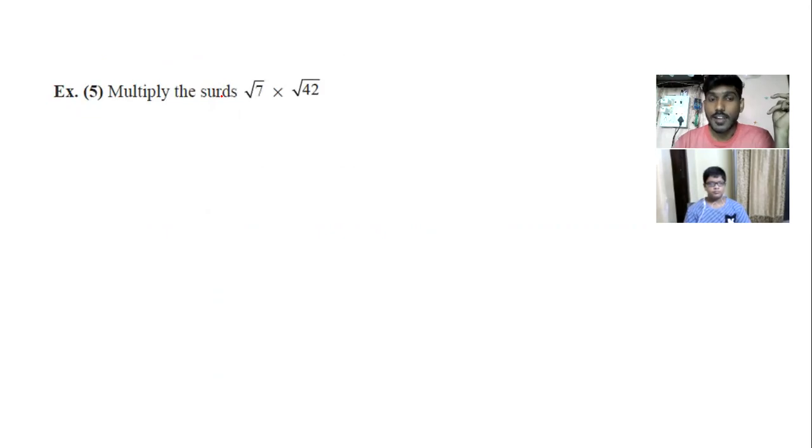Okay. And next is now multiplication. Now, to multiply two surds, there is no need that the radicand has to be the same. Radicands can be different also. Only if you're adding or subtracting any two surds, then the number inside the root sign, that is the radicand, has to be the same. Then only you can add or subtract the surds.